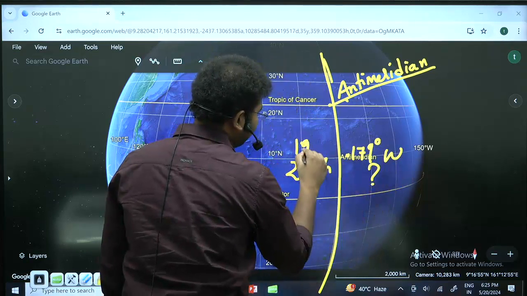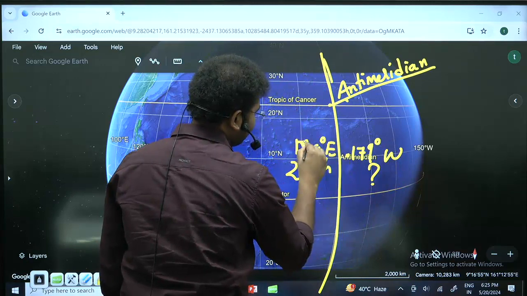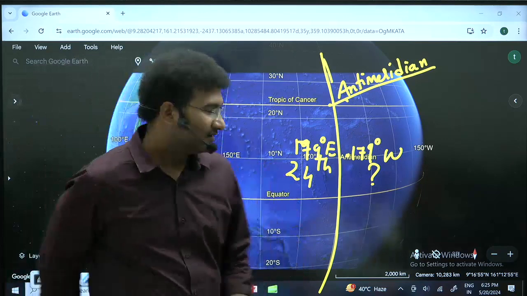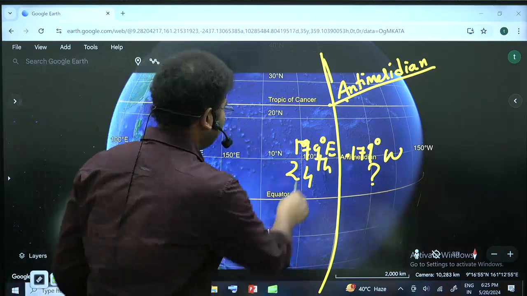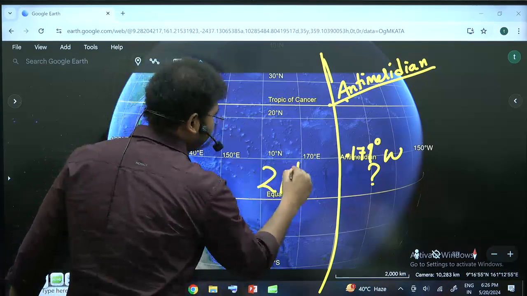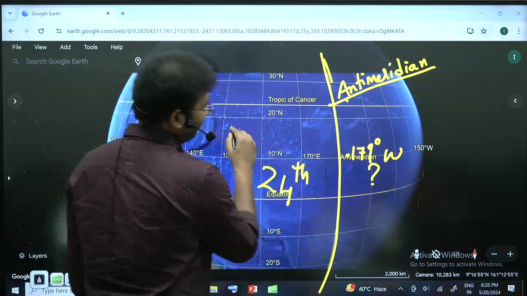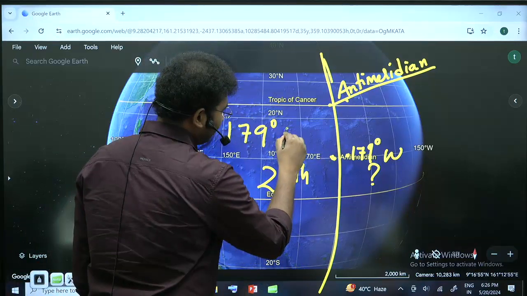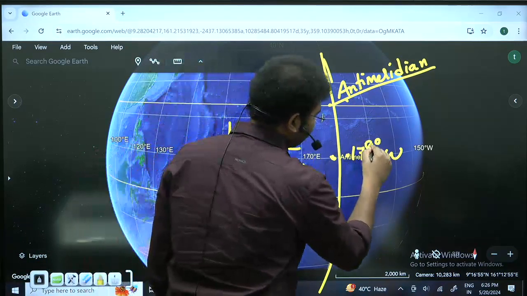This is 179 degrees east. So online, please tell me. Okay, this is 24th. And this point is 179 degrees east. This is 179 degrees west.